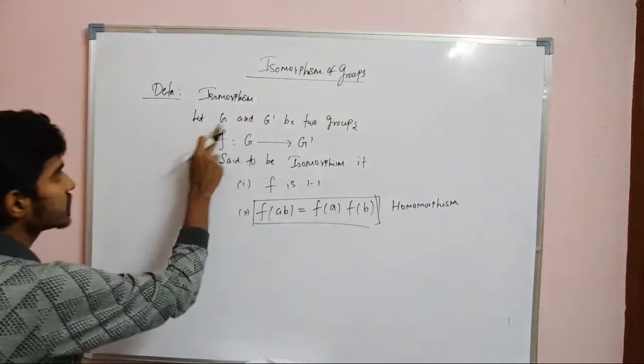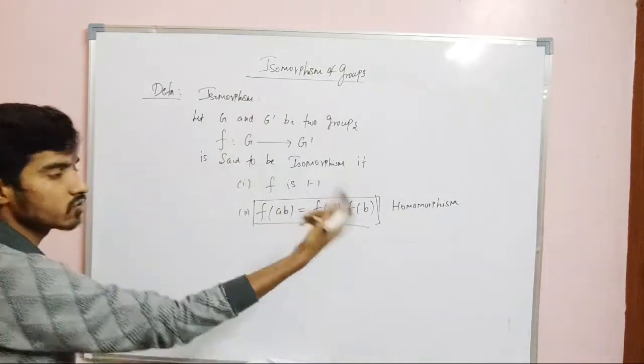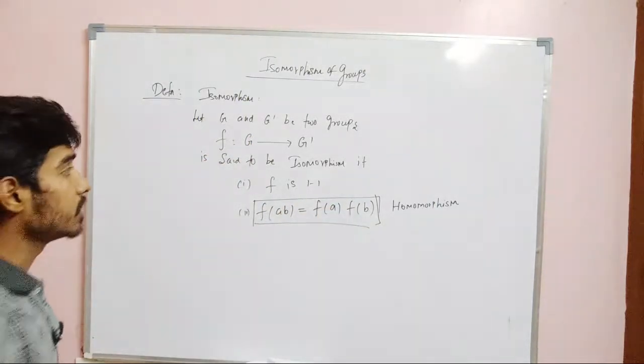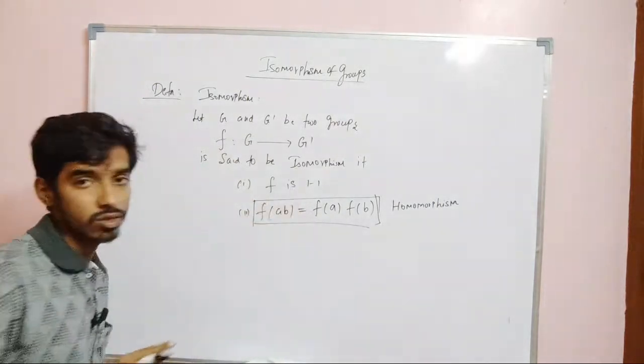F is a function from G to G dash, then the map is called a homomorphism if F of AB is equal to F of A into F of B. It is called an isomorphism if it is a homomorphism and it is 1 to 1.